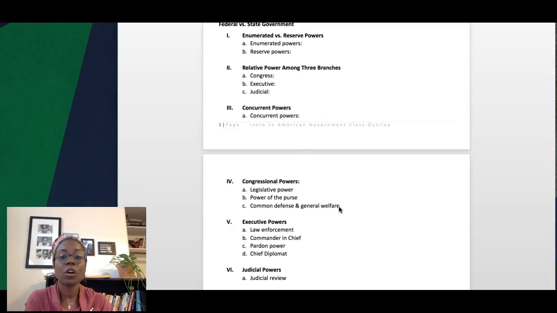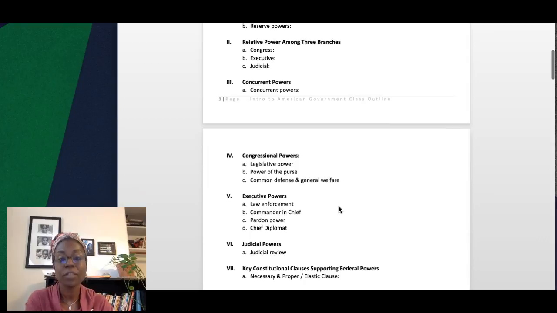The Constitution also details the powers belonging to all three branches, relative power among all three branches. So Congress is where the Constitution starts with Article 1, and that is because, as I mentioned earlier, the founders actually believed that Congress would be the most dominant branch. And they were given actually the most detailed set of powers through the Constitution.